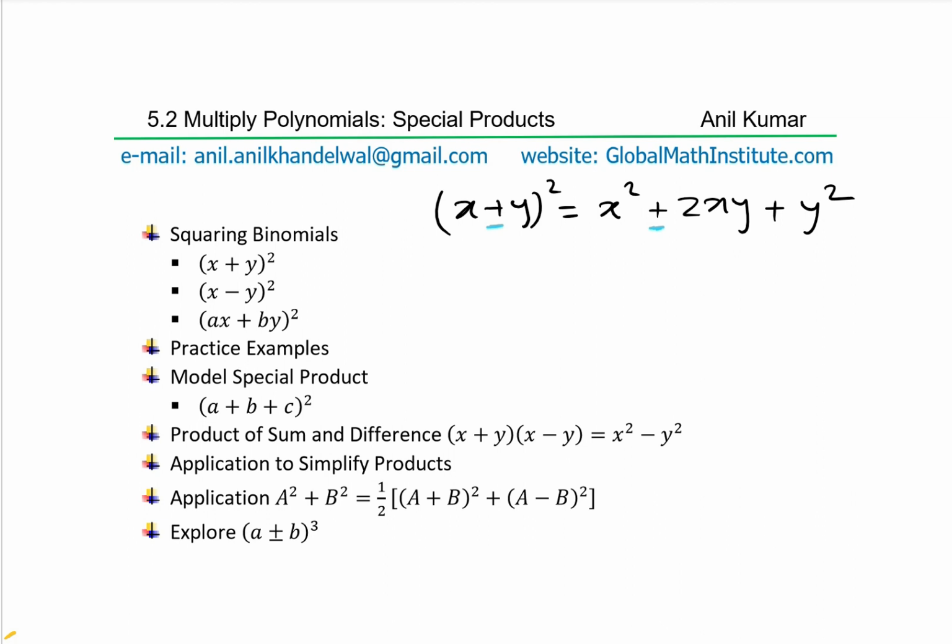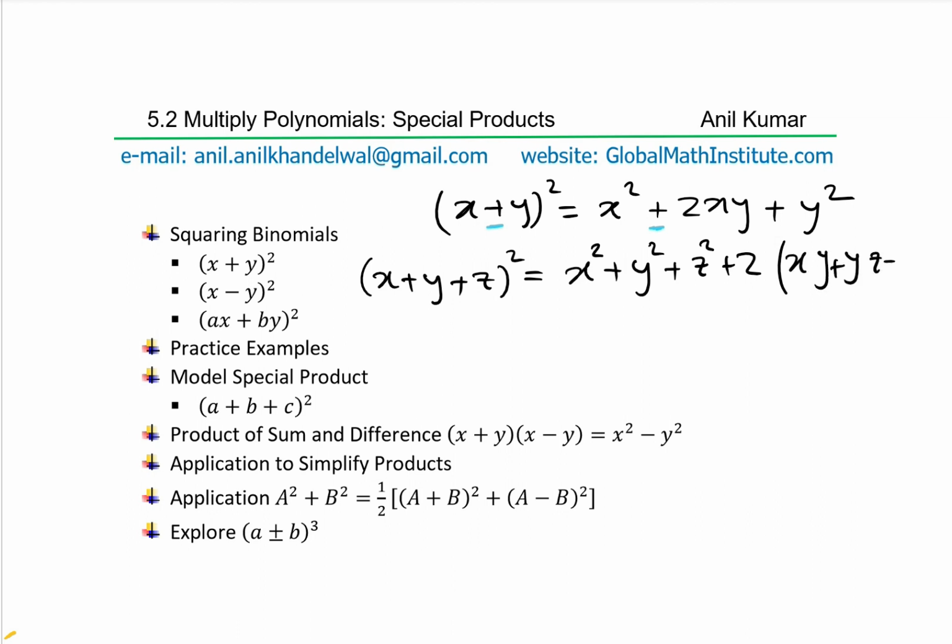Perfect. Now, let me write down first (x plus y plus z) whole square. In that case, it is the sum of the squares, all the three, right? And then twice the product of two combinations, xy plus yz plus xz, correct? So that could be an easy way of remembering it.